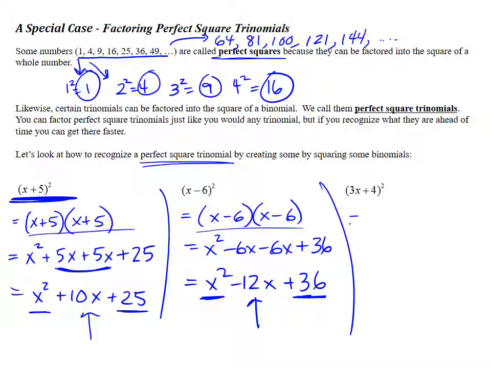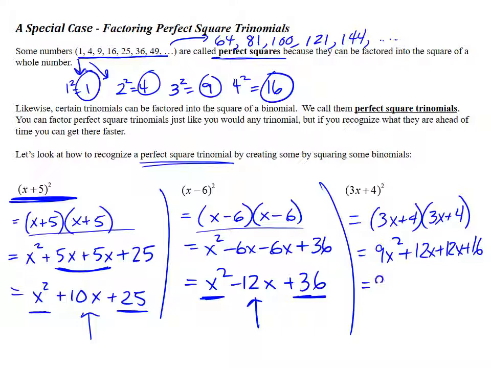Last one, 3x plus 4 times 3x plus 4. FOILing, 9x squared plus outside 12x, inside is also 12x, and the last is 16. Collect like terms, 9x squared plus 24x plus 16.